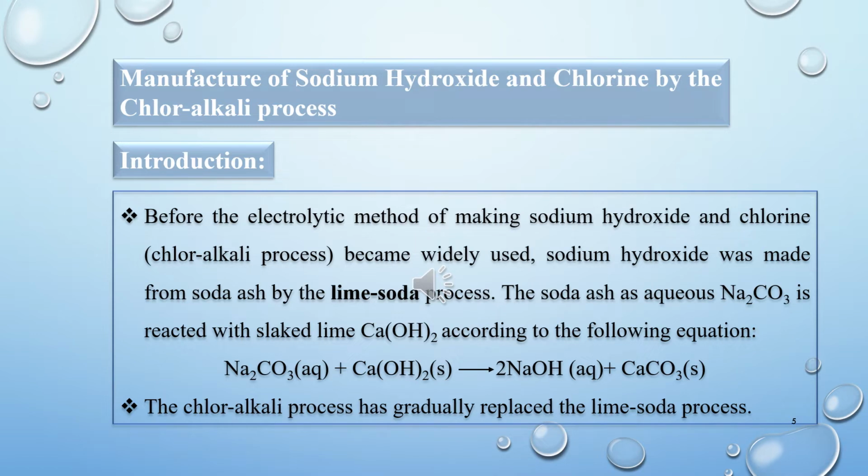This is the first point. And the second point is that the chloralkali process replaced the lime soda process. Why did it replace the lime soda process? We will discuss it in our lecture in next slides.